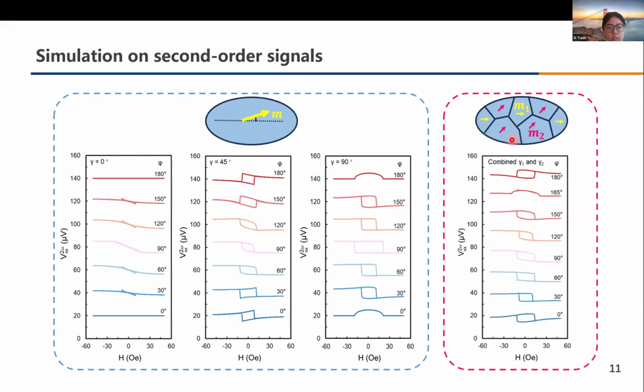To simulate this kind of sample, we assume that the sample consists of magnetic domains with easy axes aligned in two primary directions, gamma 1 and gamma 2. Here the rightmost figure shows the results with gamma 1 equal to 0 and gamma 2 equal to 75 degrees.